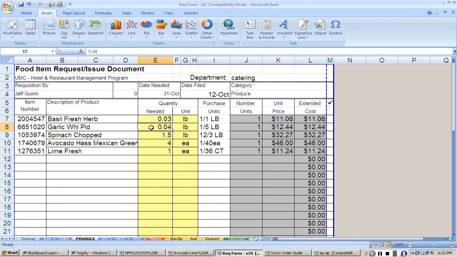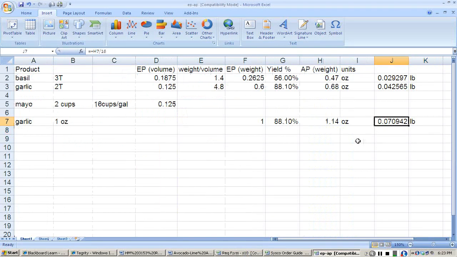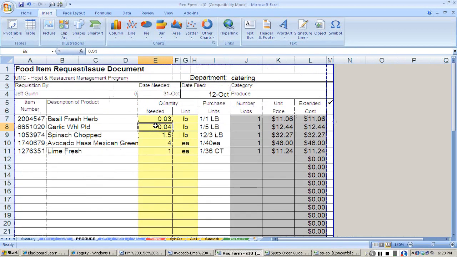So I needed 0.04 for the first recipe, and for this one I need 0.07. So I'm just going to add the 0.04 plus 0.07. So right now I need 0.11 pounds of garlic. That's not going to change the number of units. I'm good on that.